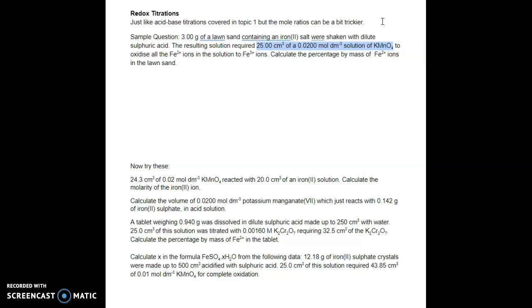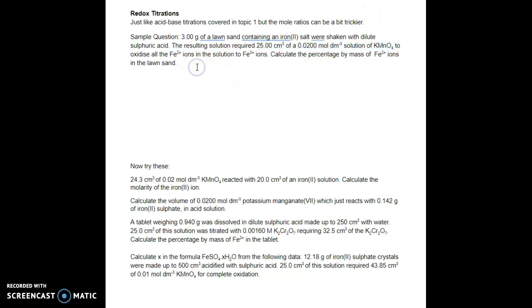By the way, be careful with your significant figures when answering these questions. Remember, you need that 1000 to convert centimetres cubed into decimetres cubed, because concentrations are moles per decimetre cubed. Okay, so you'll get a number for that.